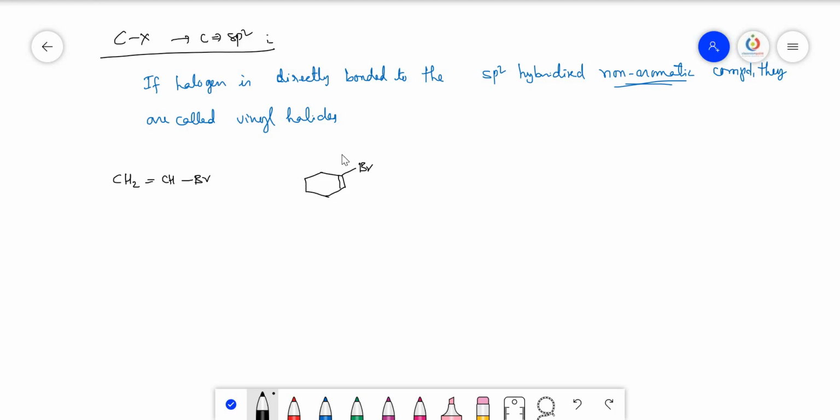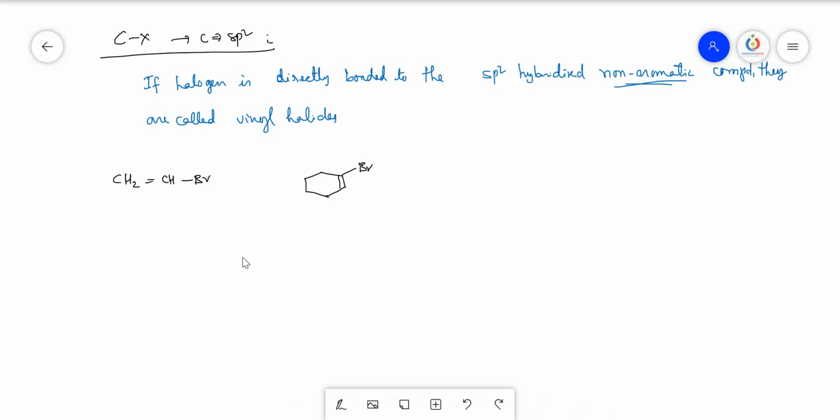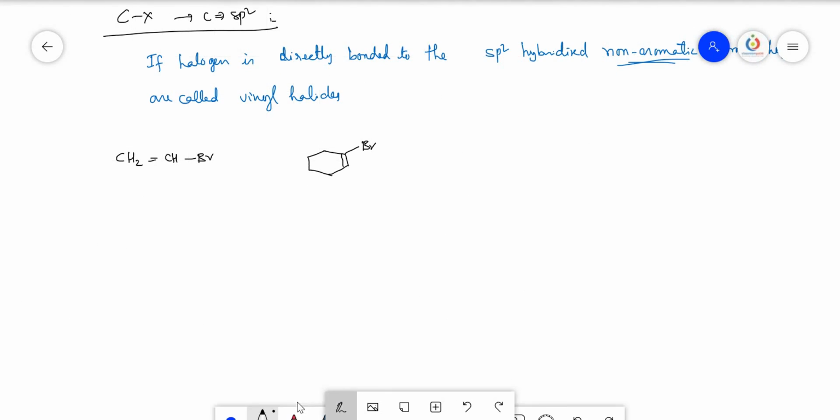This is also a type of vinyl halide, cyclic compound, okay. And you should not connect the halogen to the aromatic sp2 hybridized carbon. What happens if you connect the halogen atom to the aromatic sp2 hybridized carbon? They are called the haloarenes. That we shall discuss at the end of today's session. So this is about the sp2 hybridized carbon atom molecules.